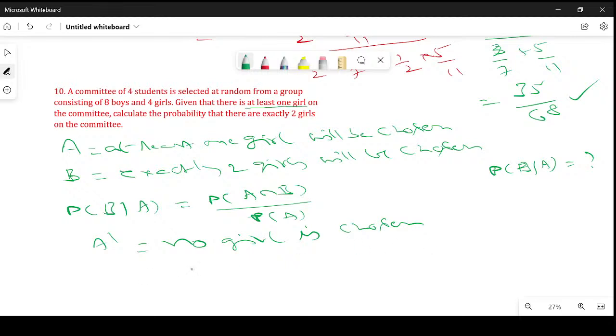So what is P of A dash? No girl is chosen means you should select only boys, so out of 8 boys you should select 4, that is 8C4. Total we have 12, so 12C4. P of A complement is 8C4 by 12C4. You should simplify this.